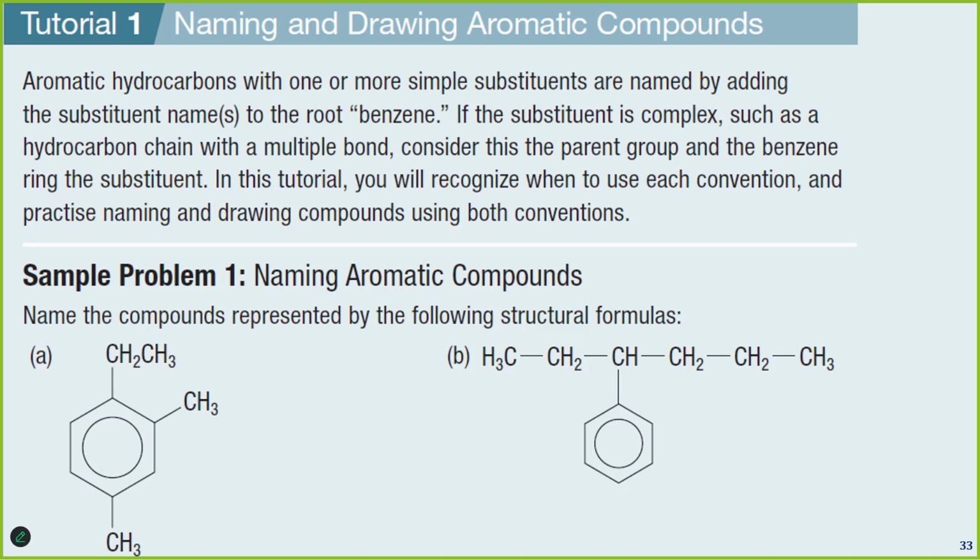If the substituent is complex, such as a hydrocarbon chain with a multiple bond, consider this the parent group and the benzene ring the substituent. In this tutorial, we will recognize when to use each convention and practice naming and drawing compounds using both conventions.